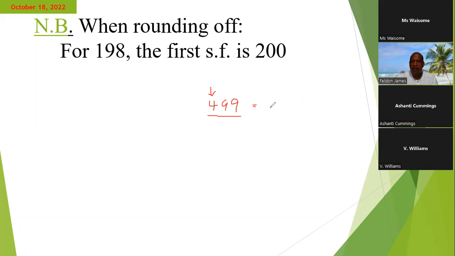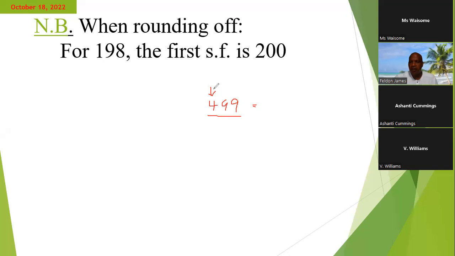So the two general ways that we can round off are in significant figures or decimal places. If it is in decimal places, we know that we are focusing only on those values that come after the point. If it is in significant figures, we need to start from the first non-zero digit from the leftmost position. And if it is the whole number section, we can't just ignore the fact that there was a 9 here and a 9 there. So we round off in the same way.